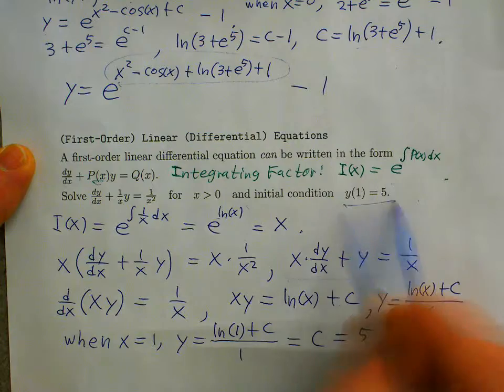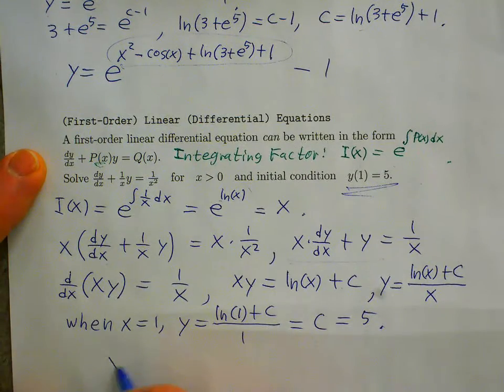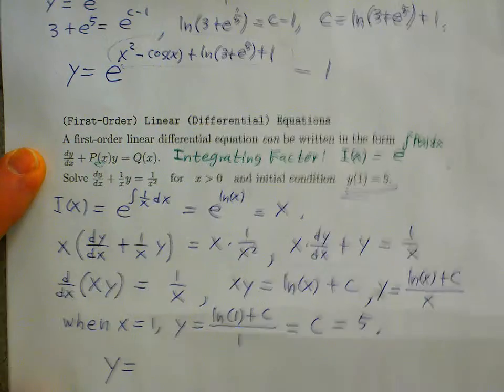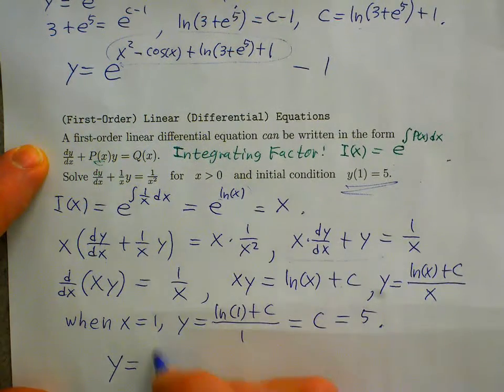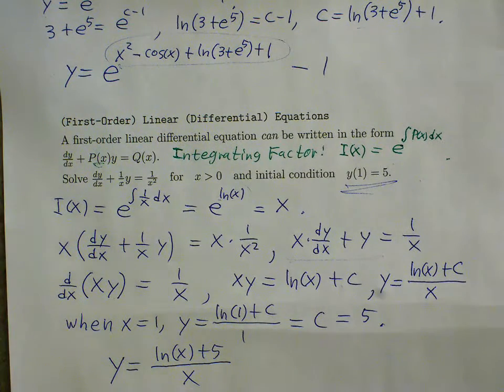That's the initial condition, and so our function y is equal to the natural log of x plus 5, all divided by x. Okay, those are the two types of differential equations to know for the final.